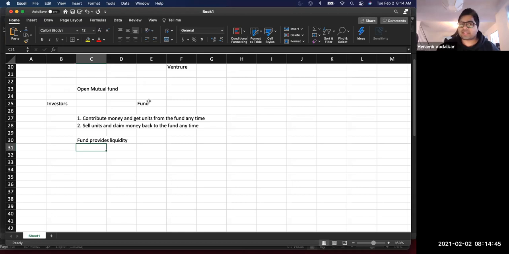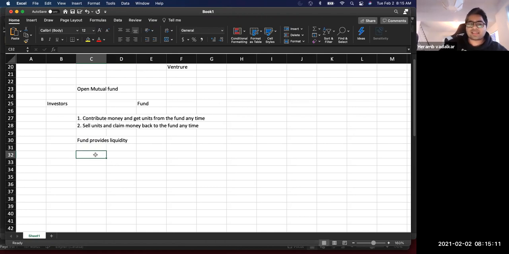If you put money into the fund, it will make investments, and you will get units on behalf of that, but you can also sell your units anytime. If you sell your units, the fund will sell investments or use its cash reserves to fund your request. So the fund provides liquidity. You can buy anytime, you can sell anytime.